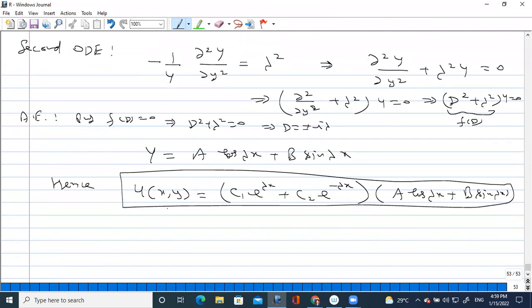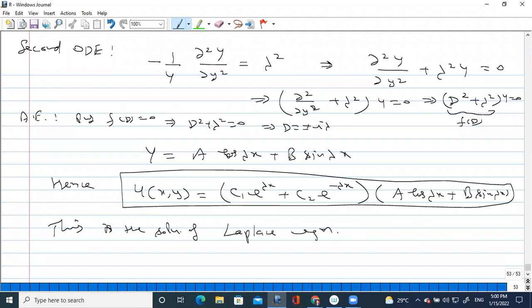Okay. So this is the solution of the Laplace equation.